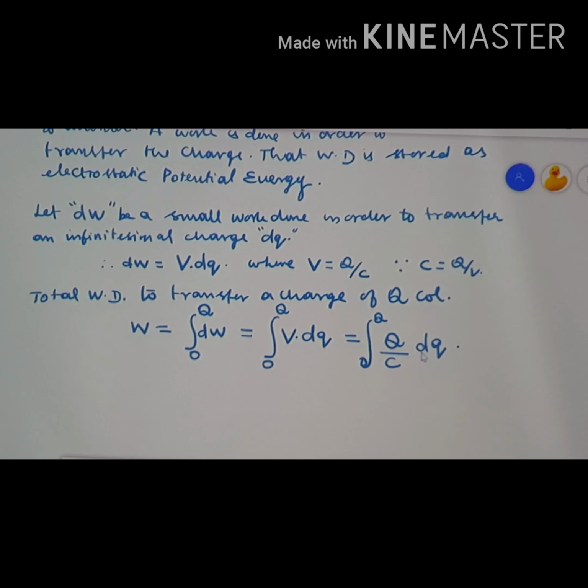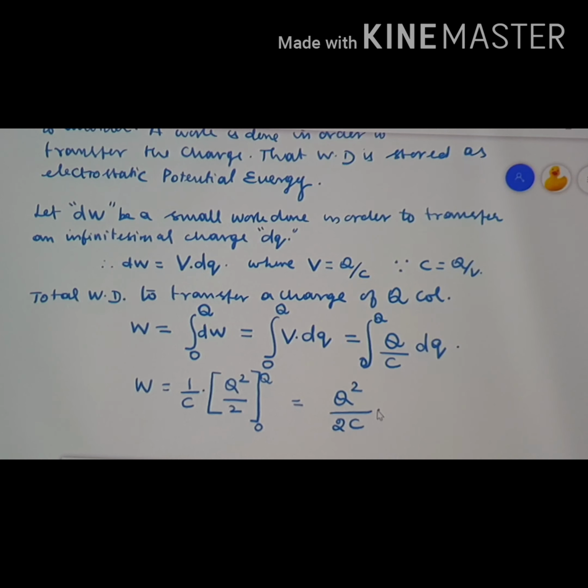Now, you just simplify this by integrating the equation. So W is equal to, we can take 1 by C as a constant or common factor. When you integrate q dq, you get q square divided by 2 within the limits 0 to Q, which is equal to Q square divided by 2C.